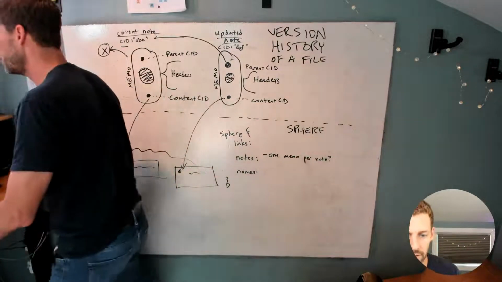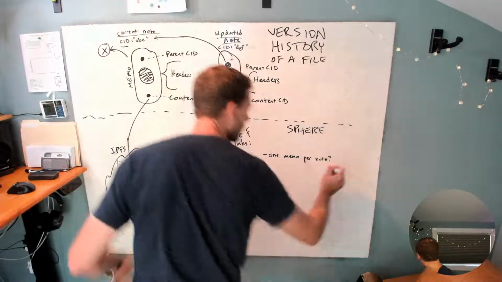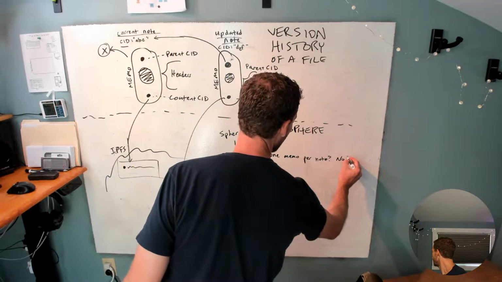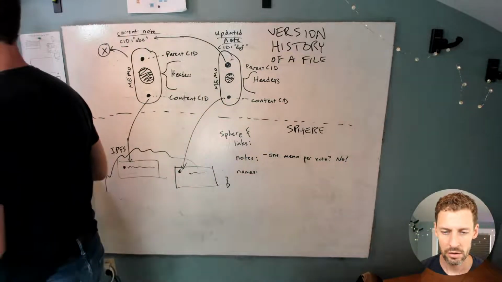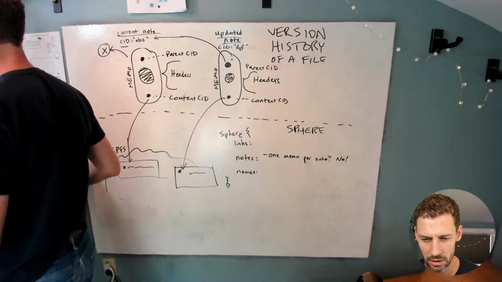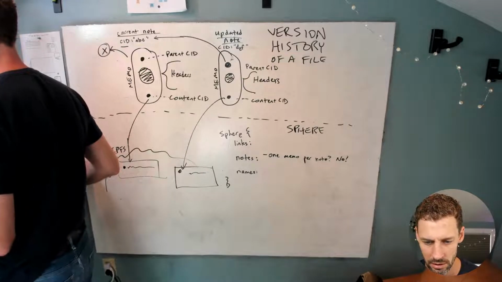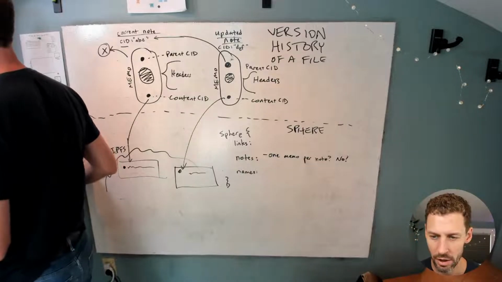No, okay, it's not one memo per note. I'm pretty sure not, because of this data structure, the array mapped trie. Yeah, pretty sure it's not one memo per note. We'll have to ask Chris at some point.